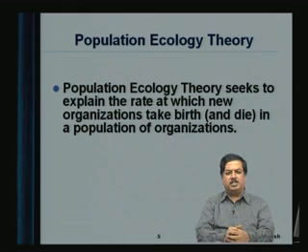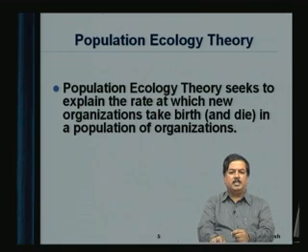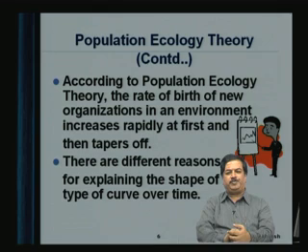The theory seeks to explain the rate at which new organizations are born and also die in a population of organizations. That means they are talking about which situations are very conducive for the birth of an organization, and which situations do not help organizations grow and contribute, and also contribute to the decline of the organization.